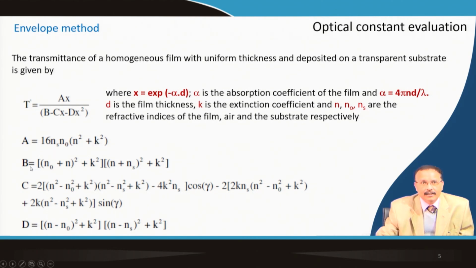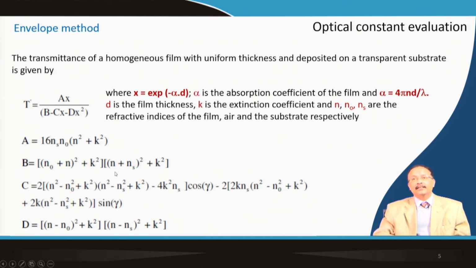Similarly, you have an empirical relation for B, and for C as well as D, given by these equations, and this is given in the reference. I have cited one book, and these equations are illustrated in that particular book chapter.